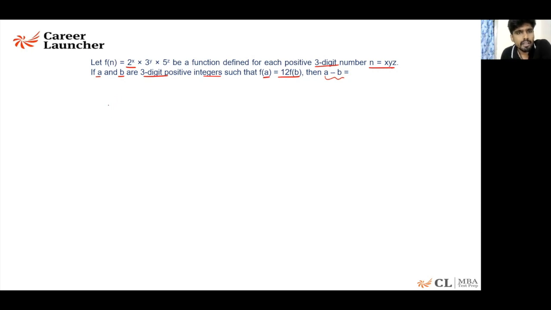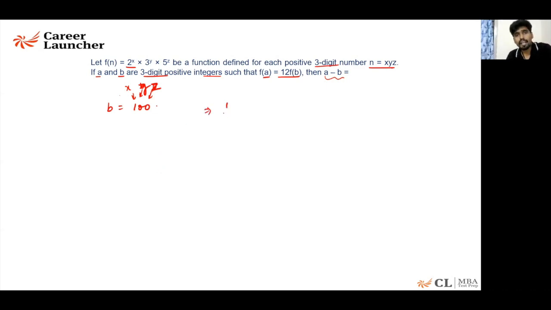If I assume b to be equal to 100, in this case x is equal to 1, y is equal to 0, and z is equal to 0, and this is a valid 3-digit number, and f of n should be defined even for this number.